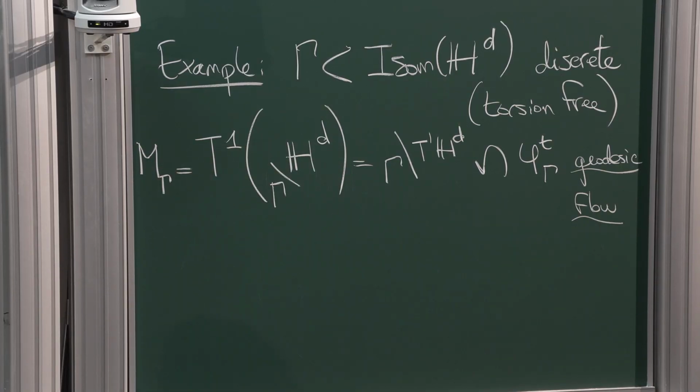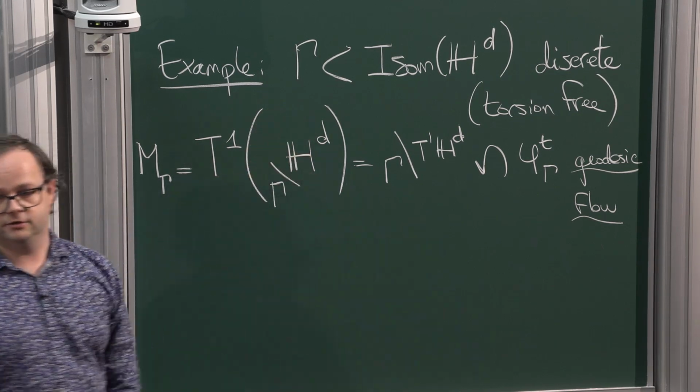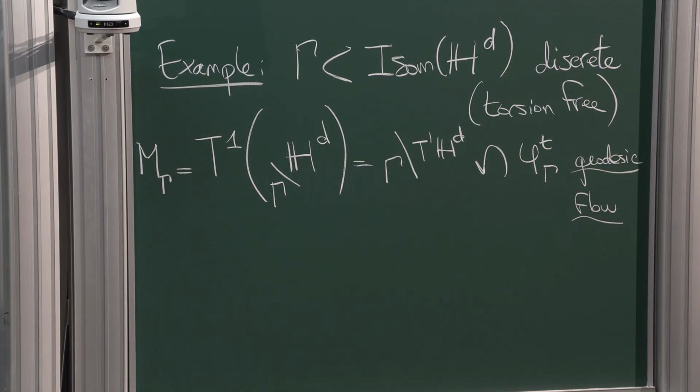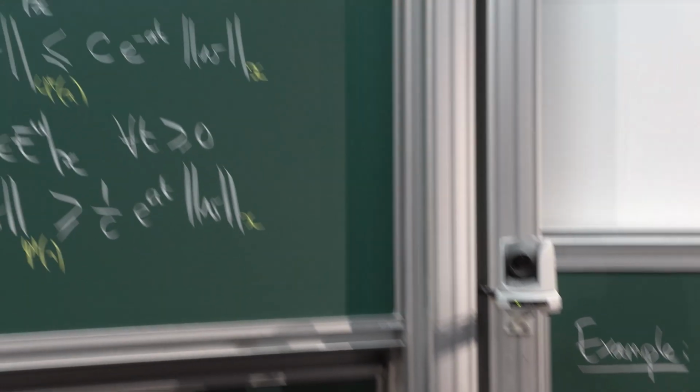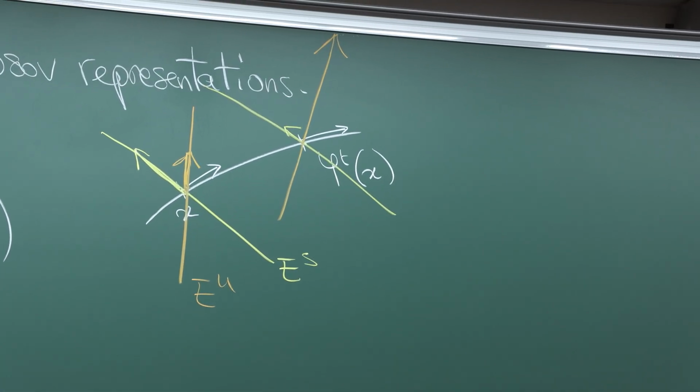Right. And when you study the geodesic flow on a hyperbolic manifold, what you're going to start by doing is studying this flow on HD itself. Right? And you'll look at what the differential looks like, pick your favorite model of the hyperbolic space, compute this, maybe change your favorite model of the hyperbolic space after trying to compute it and failing to. And you'll realize that it already automatically has this structure of contraction and dilation on the hyperbolic space itself, although you're working with a very non-compact thing.